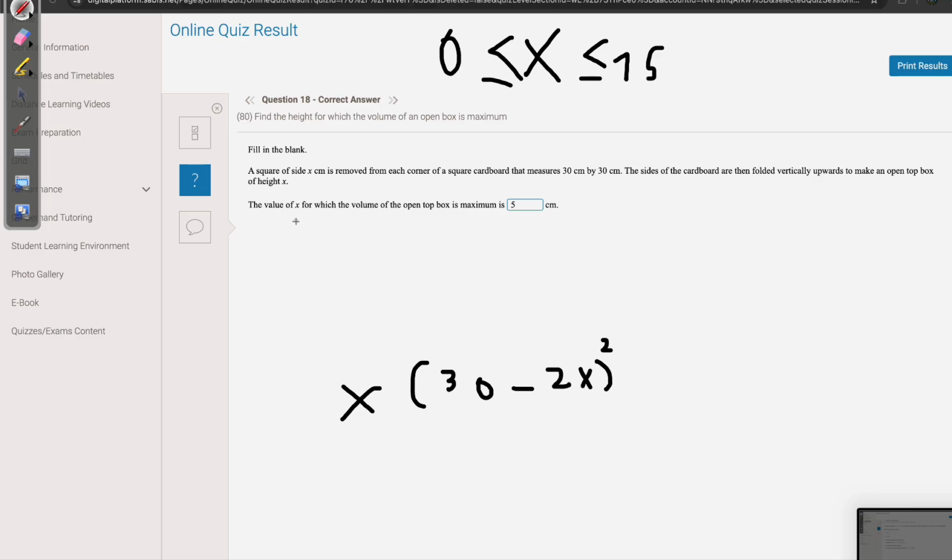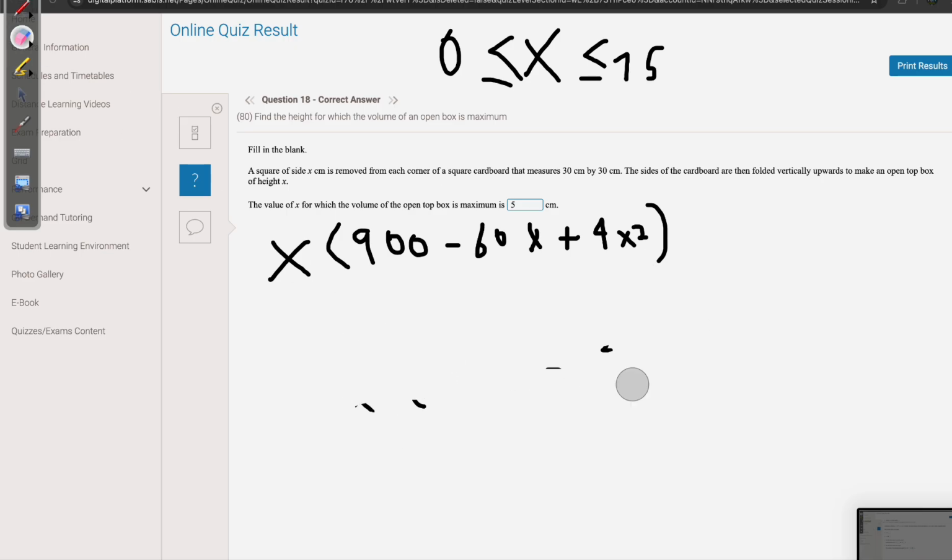So then now we're just gonna simplify and distribute. So 900 minus 60x plus 4x squared. Then we're gonna have to distribute. 900x minus 60x squared plus 4x cubed.